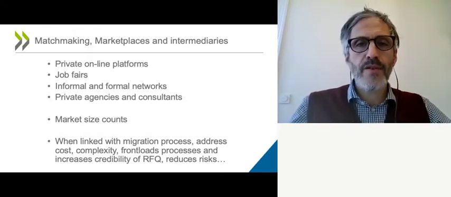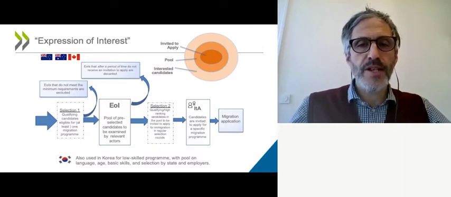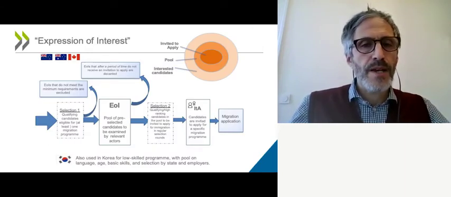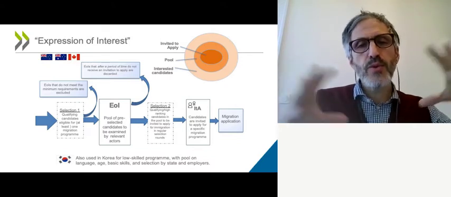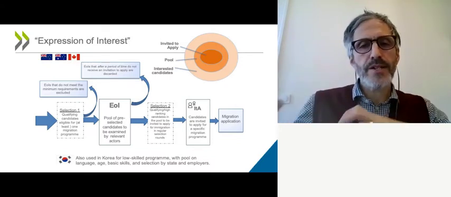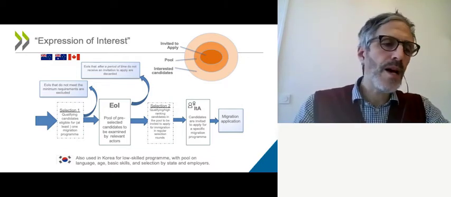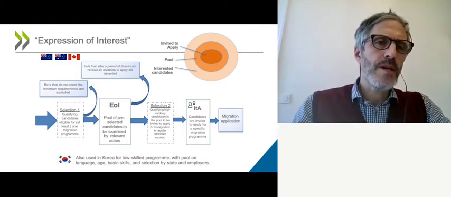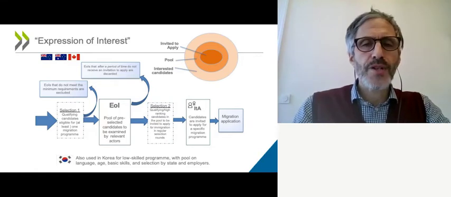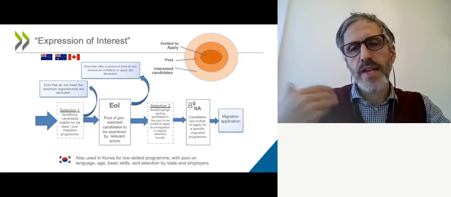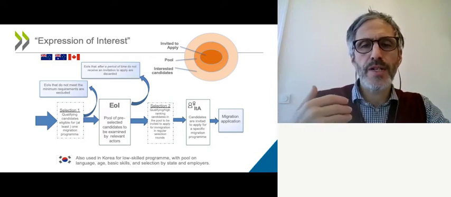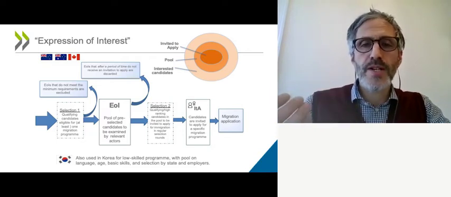So what I'd like to focus on in the bulk of my presentation today is this idea of a model where there's a pool of candidates put together, and this is linked to the migration system. This kind of matching and migration model is called expression of interest, where you have candidates for migration who are interested in moving to another country.